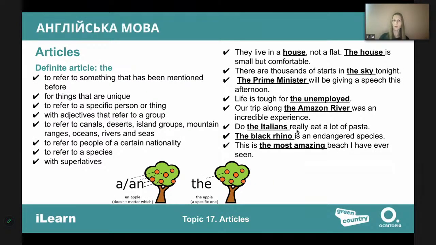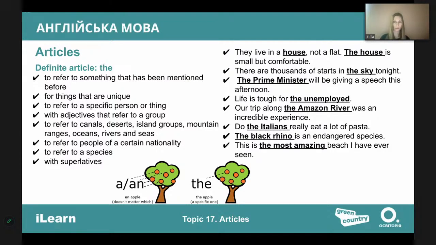For now, let's focus on a definite article, означений артикль. We have only one definite article, which is the. So look at this picture down below. If we say a or an, then any object from all the number works for us. For example, give me an apple.